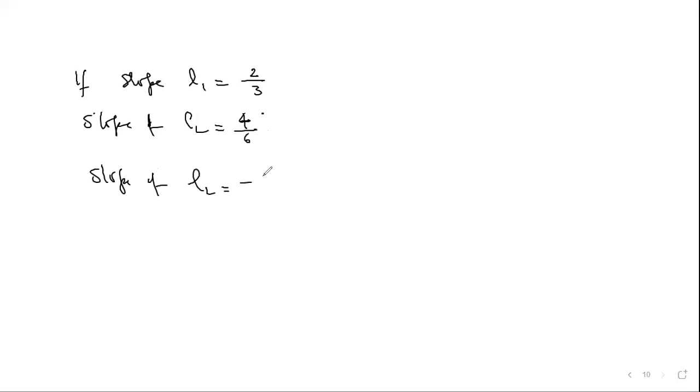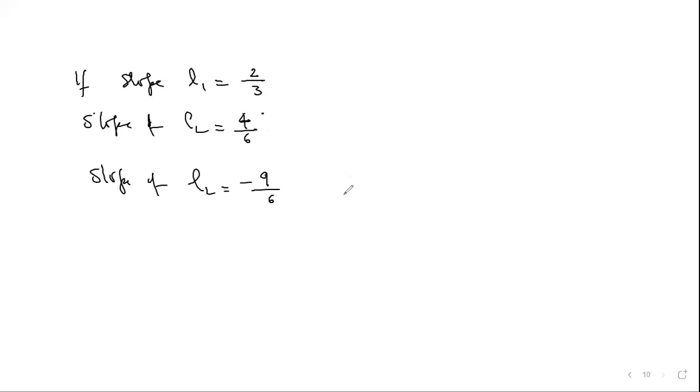Everybody, if the slope of L1 is 2 by 3, the slope of L2 is, let's say, minus 4 by 6. Slope of L3 is minus 9 by 6. Correct?